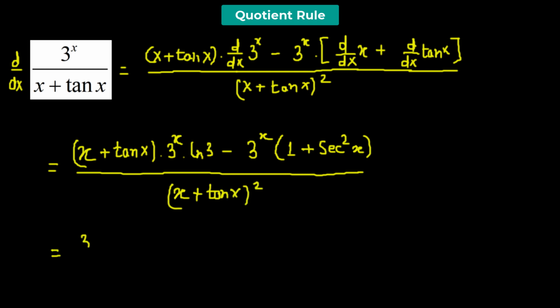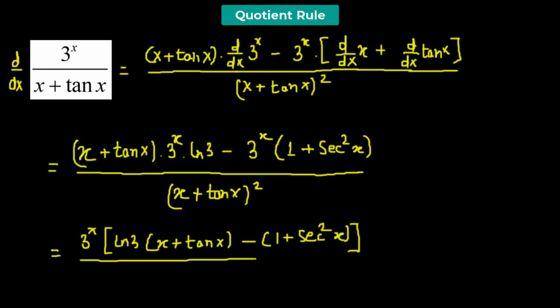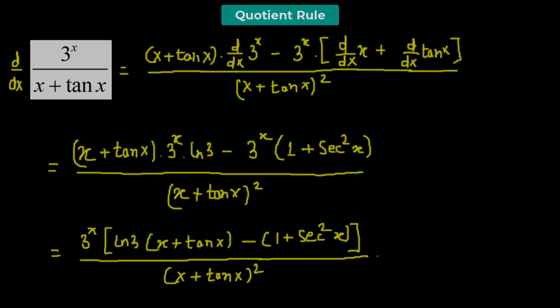So we can take 3 raised to the power of x as the common term. So we'll be left with natural log of 3 multiplied to x plus tangent of x minus 1 plus secant squared x whole divided by x plus tangent of x whole squared. So this is the required derivative of the given function. Let's move on to the next question.